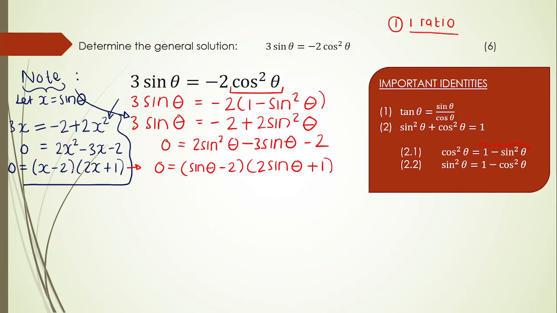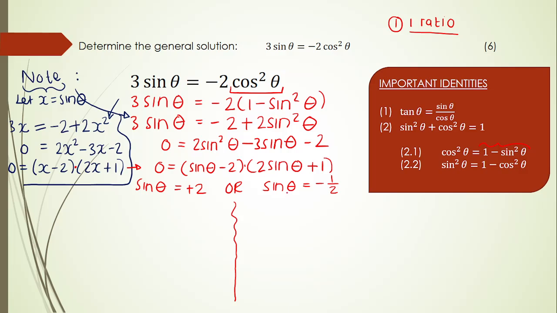Remember, when we're working with a quadratic, we break it up over that multiplication. So I'm going to get sine theta is equal to plus 2, because you make sine theta minus 2 equal to 0 and then move it over. Or you have 2 sine theta plus 1 is equal to 0 and then move everything over. These are just basic linear equations. Minus half. Let's break this up for ourselves.